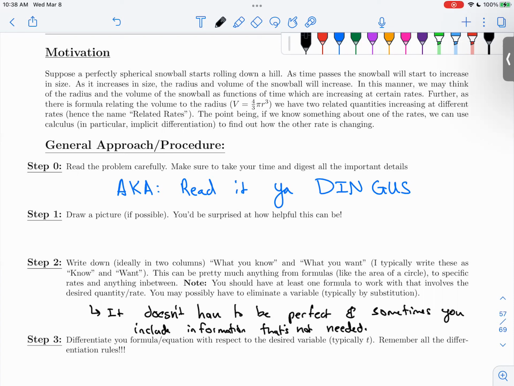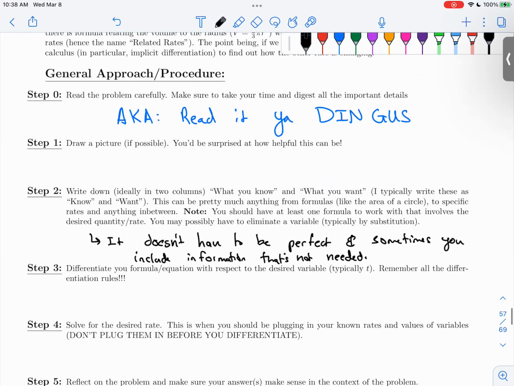Like radius and height, or length and width, or angle and height, whatever it may be. Then differentiate your formula or equation that you found with respect to your desired variable, typically t for time.